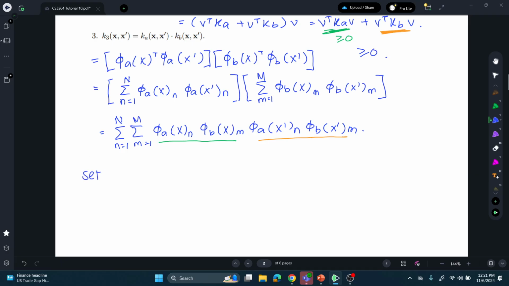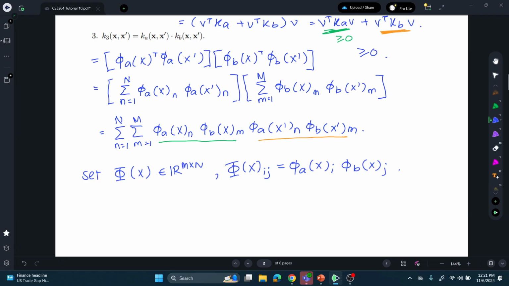We are going to set this capital phi of x as a 2D matrix, such that element ij of this 2D matrix is just taking the ith element of my phi a and multiplying it by the jth element of phi b.